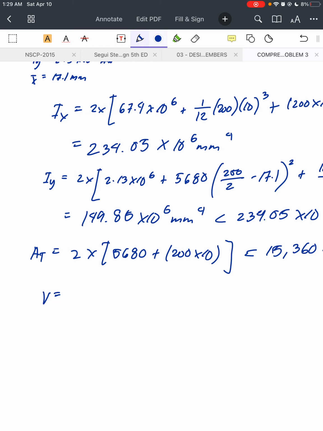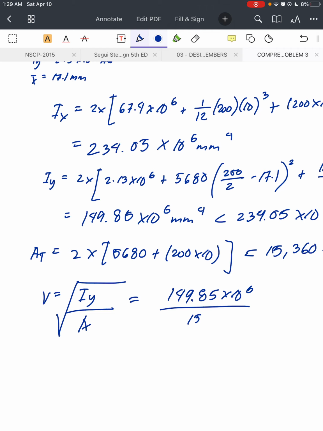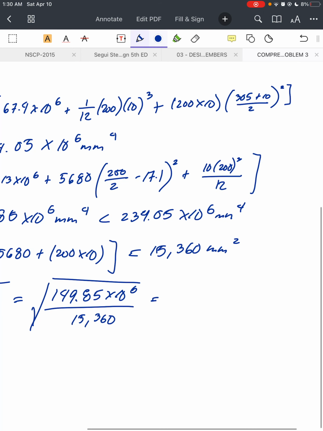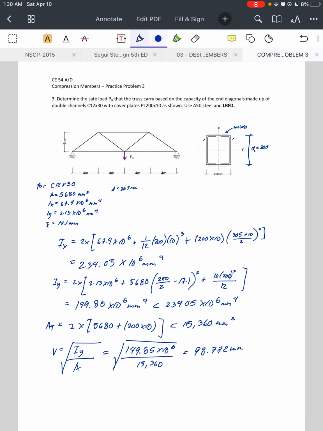R is equal to square root of I, specifically Iy, over A. That is square root of 149.85 times 10 to the power of 6 over 15,360. That is equal to 98.772 millimeter.